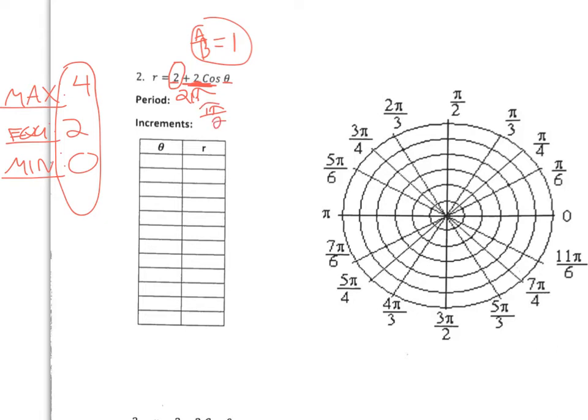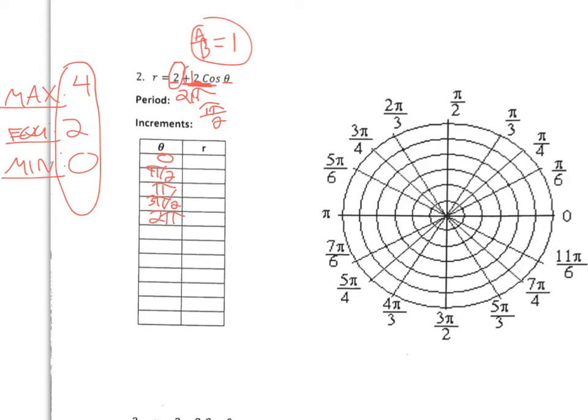So the 5 values that we're going to plug in for theta are just the intercepts on the unit circle, which are 0, pi over 2, pi, 3 pi over 2, and then 2 pi. And cosine always starts at the max, unless there's a negative in front of the amplitude, and there's not.